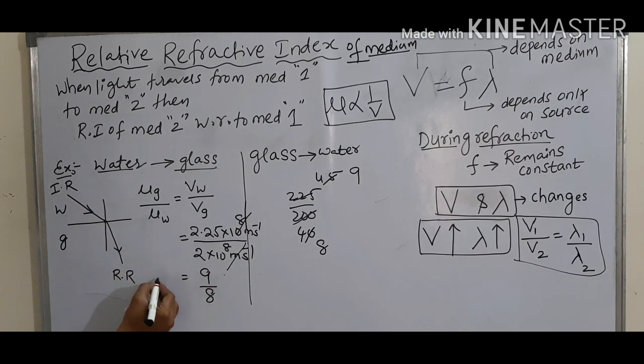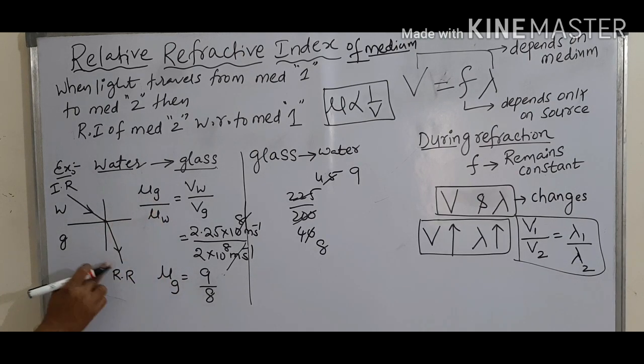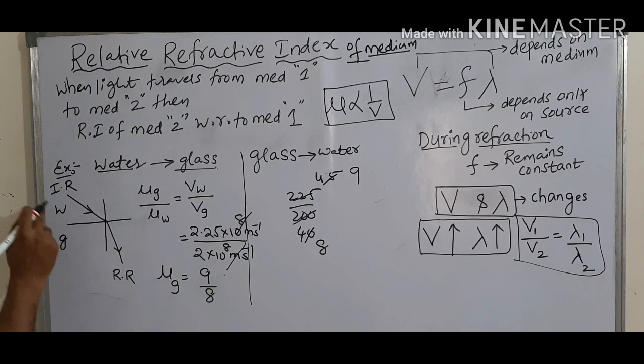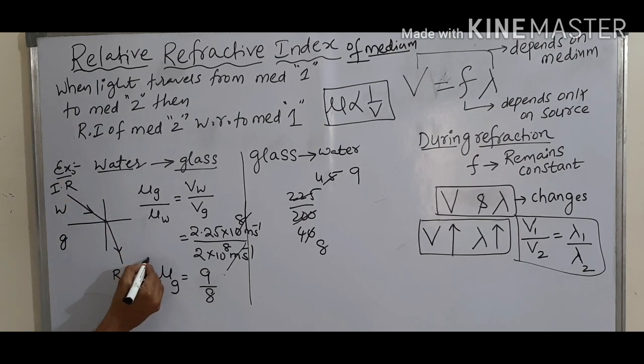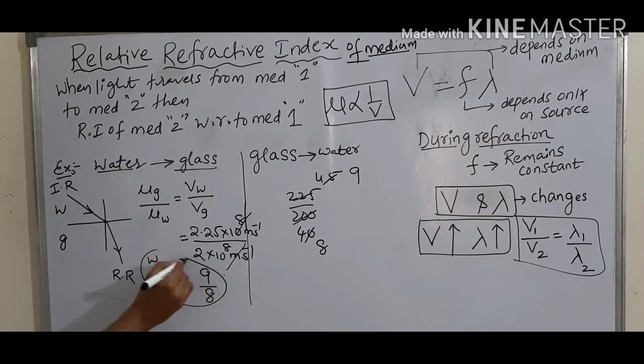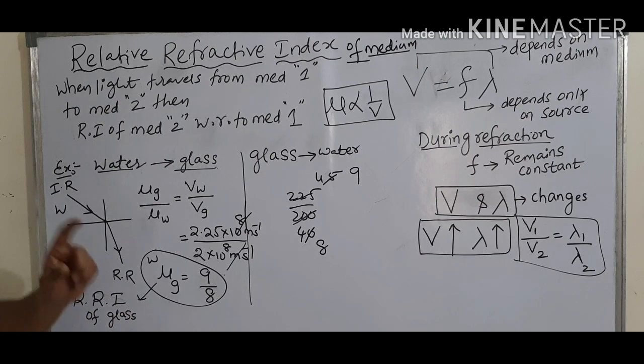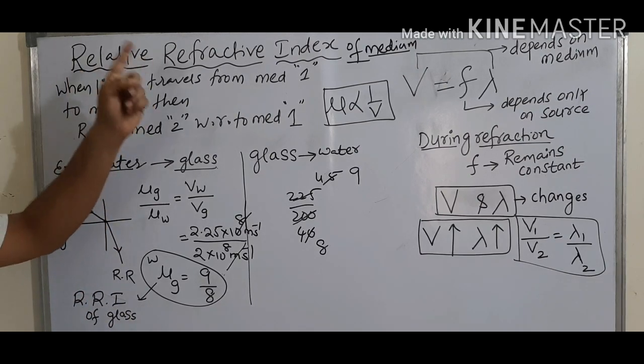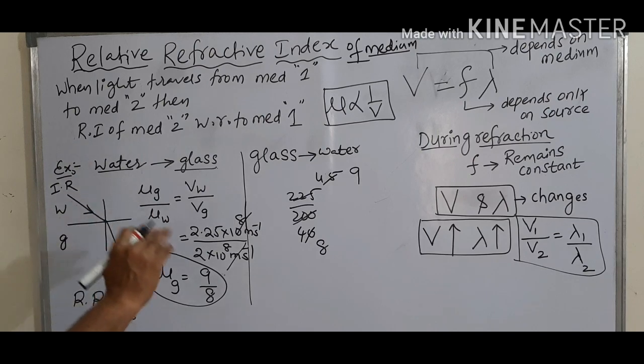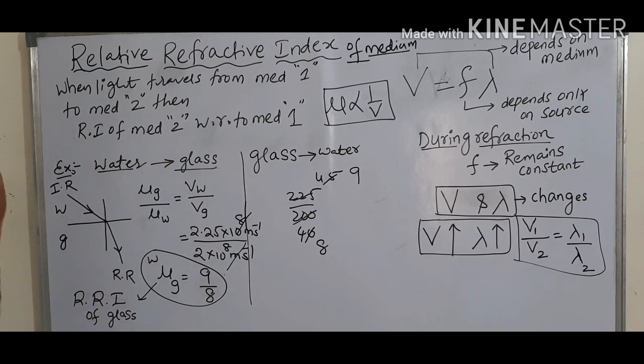This we can write as the refractive index of glass. The refracted ray is in glass and light is traveling from water. So this is the refractive index of glass with respect to water. We call this the relative refractive index of glass. Why? Because in the previous session we discussed absolute refractive index, which means with respect to vacuum.